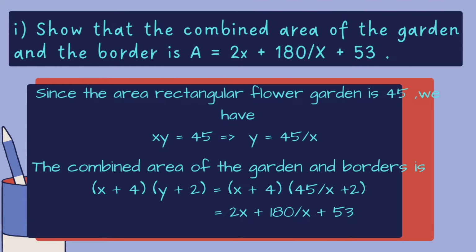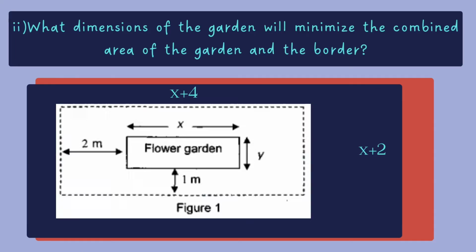So the combined area of the garden and the border is (x plus 4) multiply (2y plus 2), equal to (x plus 4) times (45 per x plus 2). The y will be changed to 45 per x, and then you will get the equation 2x plus 180 per x plus 53. You can see from here, this is the same equation as given.